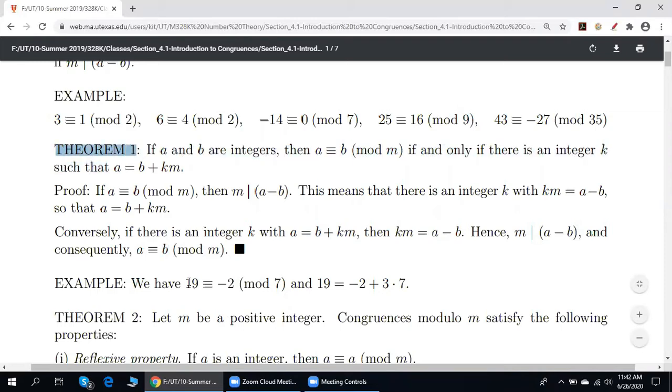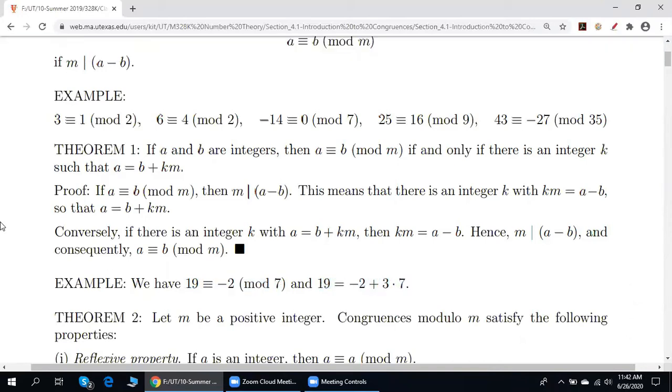Example, 19 is congruent to negative 2 modulo 7. 19 is equal to negative 2 plus 3 times 7. This implies this, and this implies this.